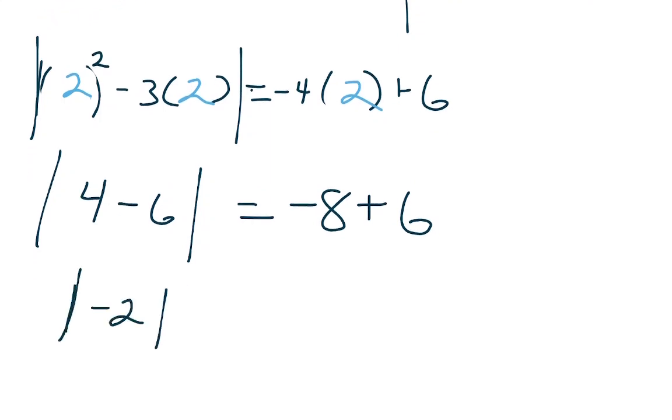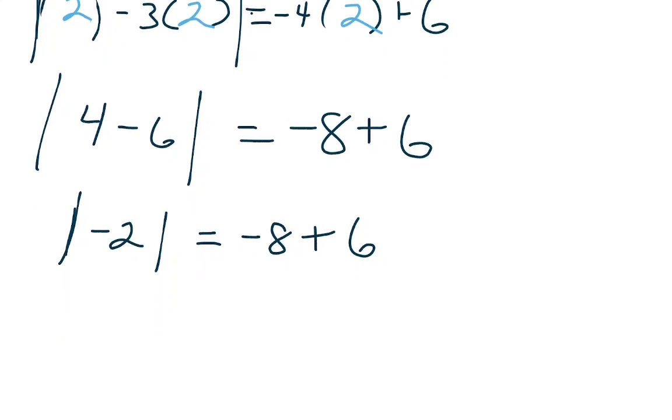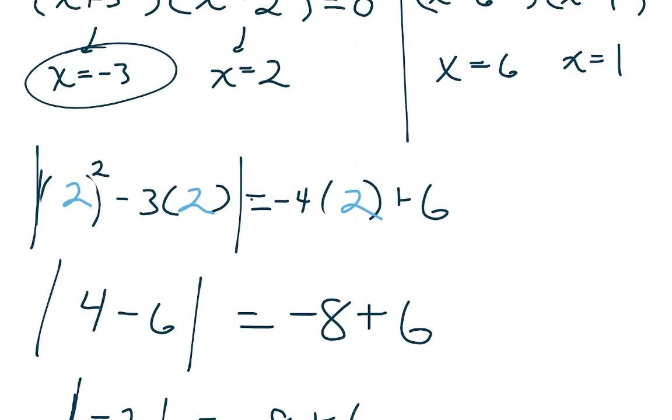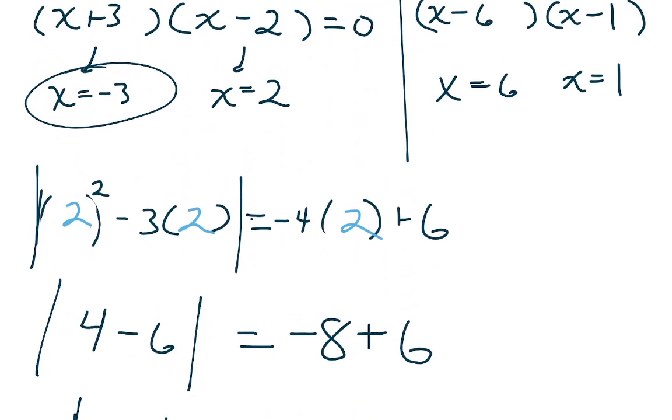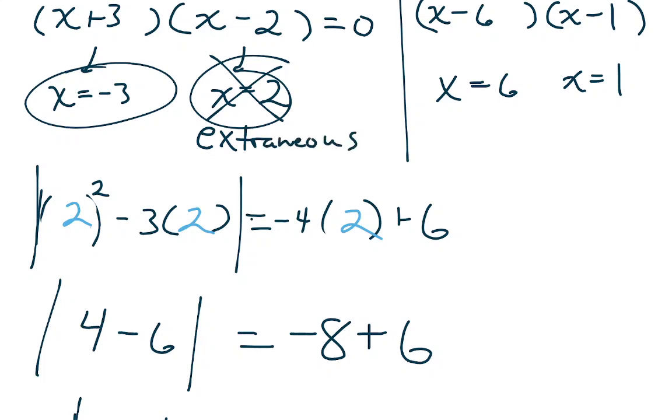Please make sure that you do the absolute value. Yeah, the absolute value of negative 2 is 2. Yeah, it's positive 2. I'm pretty sure that doesn't equal negative 8 plus 6. That's because 2 is not a solution. It's extraneous. I can cross it off, I can write extraneous, I can do both.